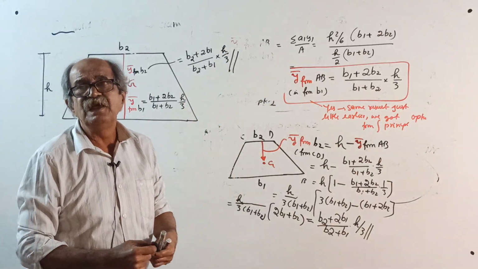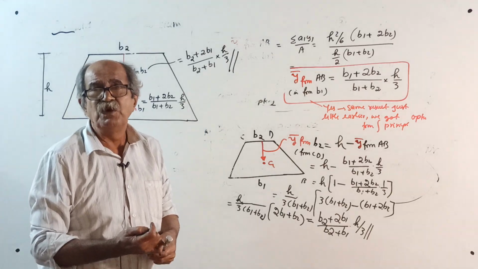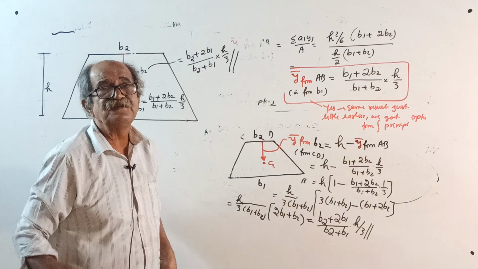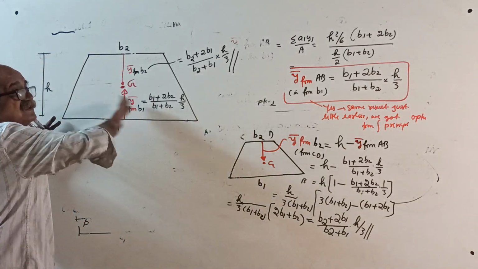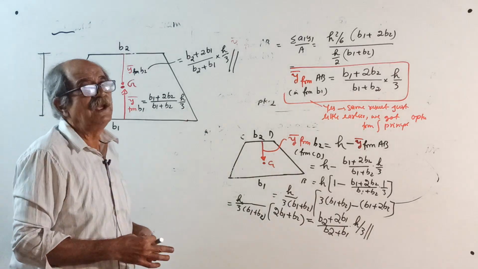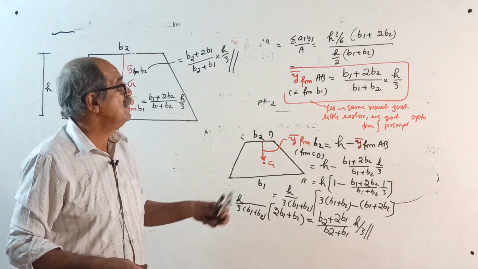I will explain all this thoroughly with words next class, and I will also tell you how to locate this distance, that is, you have to do it by parts. That I will cover next class.